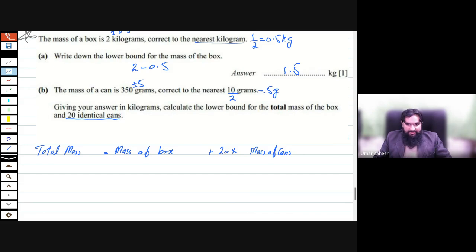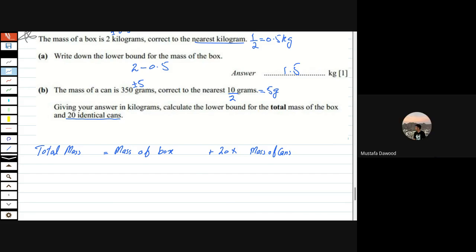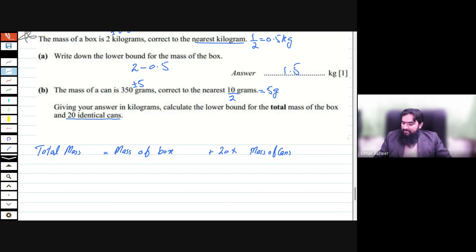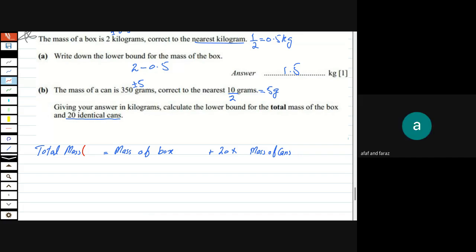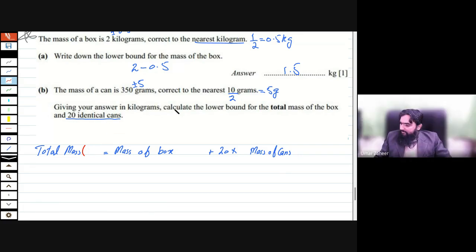I have to just write a general statement. Yes, Daniel, it is clear? Yes, Daniel, Ariga, Afaf, Sarim, just try to respond. Yes, sir. Okay. So what we have to find? We have to find the lower bound.